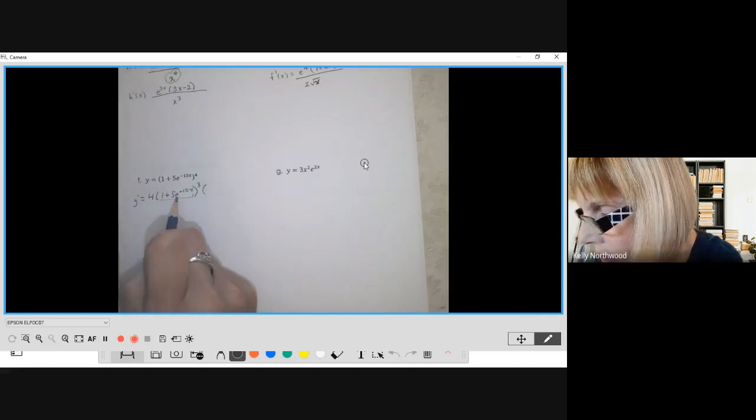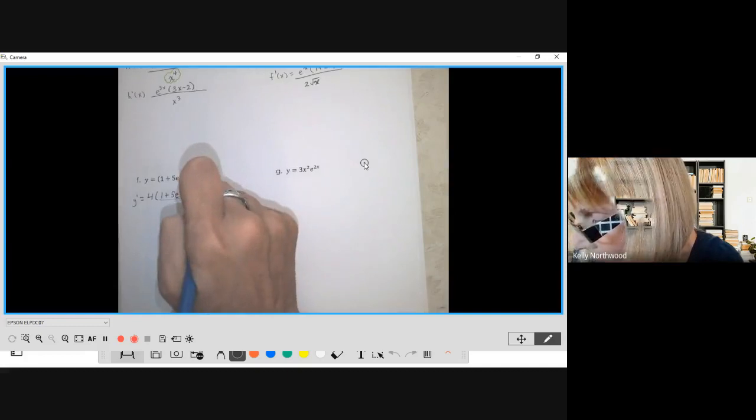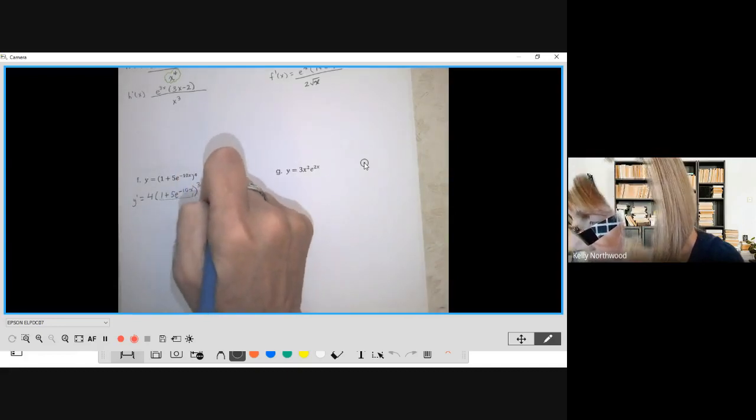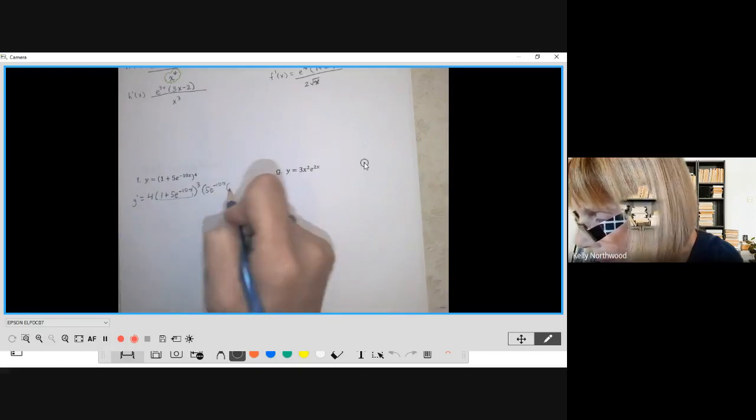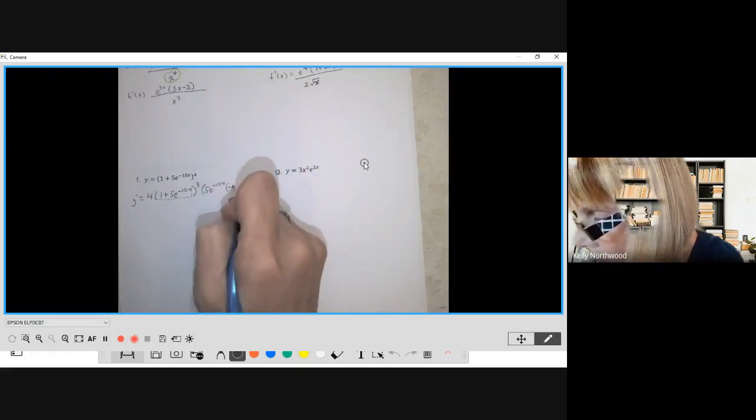Inner derivative, derivative of what's inside. The derivative of 1 is 0. The derivative of 5e to the negative 10x is going to be 5e to the negative 10x. But then I also have to multiply that by the derivative of the exponent.